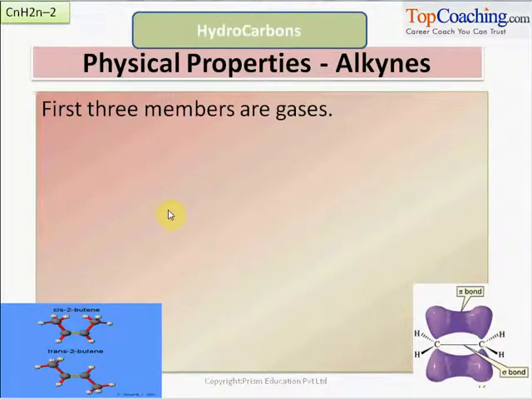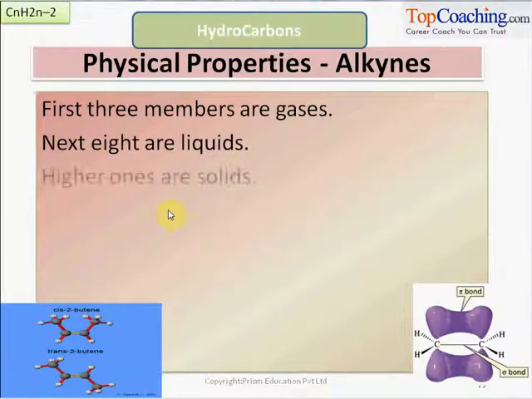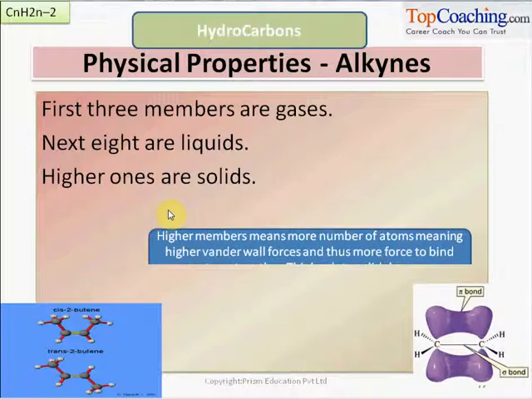Smaller surface area leads to fewer van der Waals forces, and since fewer molecules, it means fewer hydrogen bonds, and these two forces are what make the molecules come together and sit as a liquid or a solid. That is why smaller members are gases, the next 8 are liquids, and higher ones have a lot of van der Waals forces of attraction and hydrogen bonds among them, and hence they are solids.